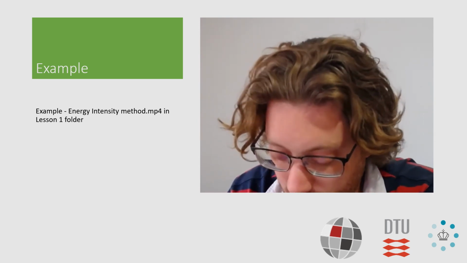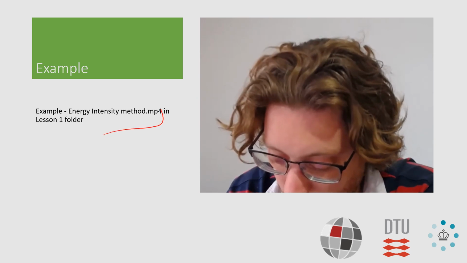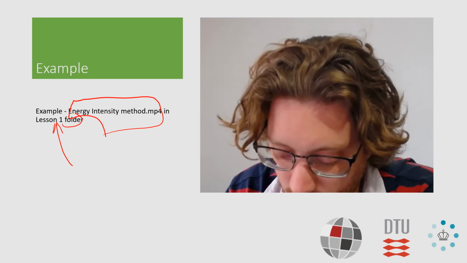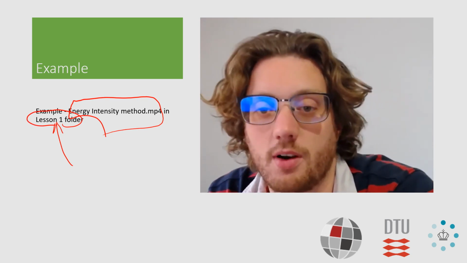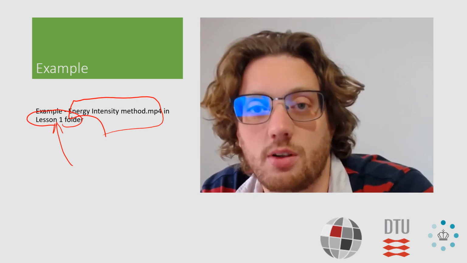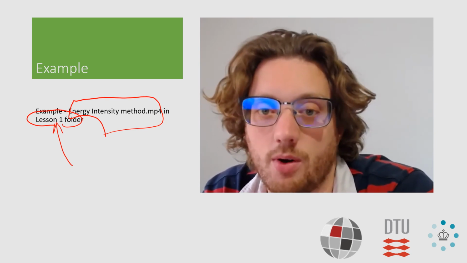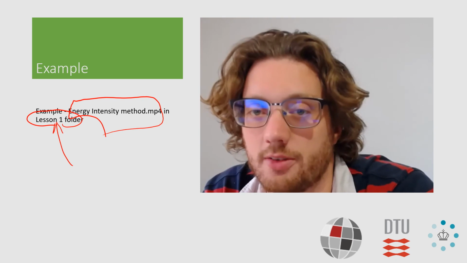The file is called energy intensity method.mp4, and it's in the same folder as you found this video. So that's where I would look for it. I think it is very useful to look at if you want to do some of the exercises.